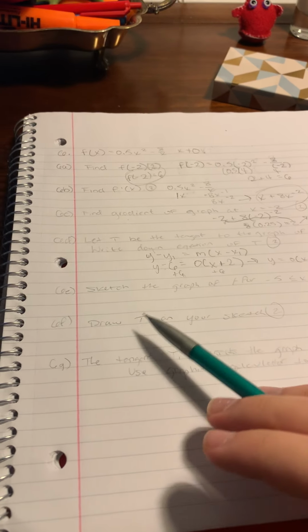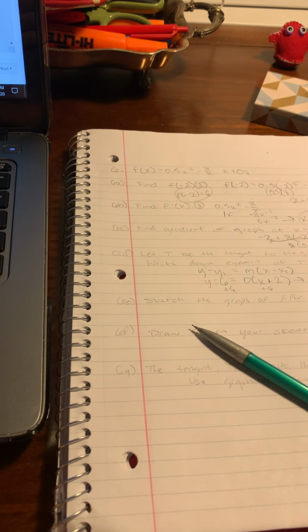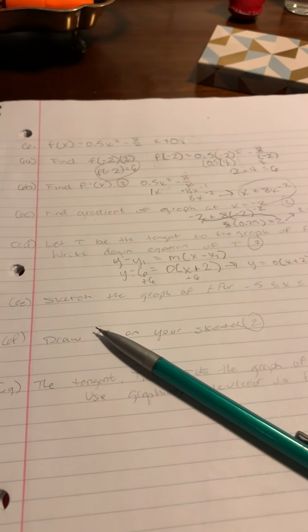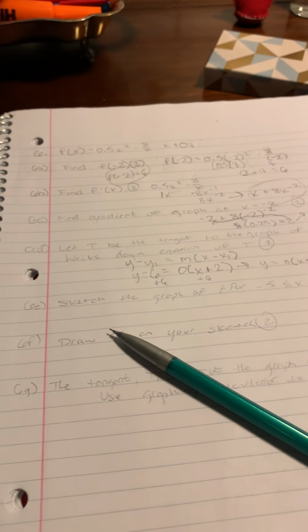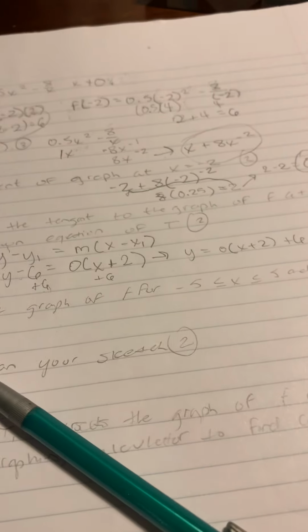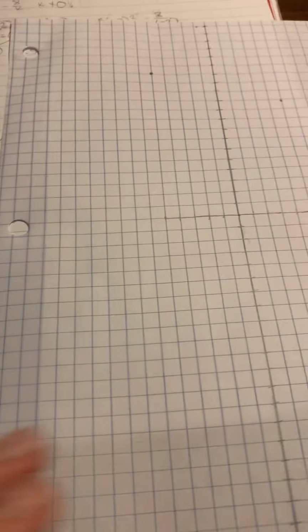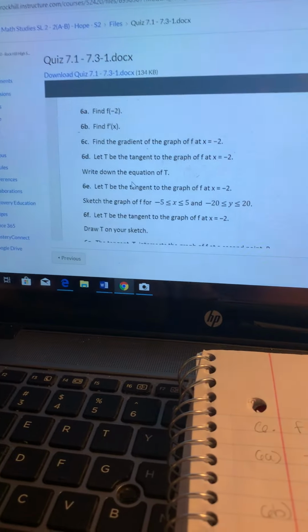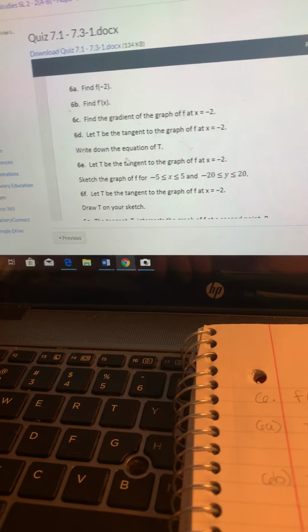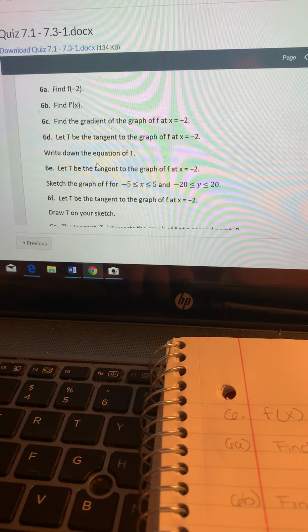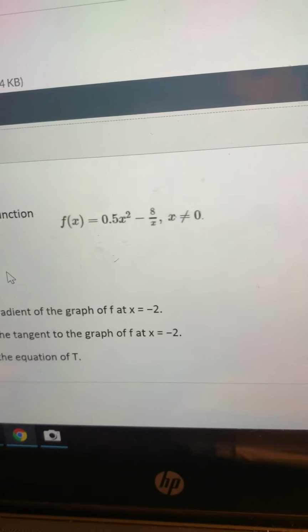So for 6e, it says sketch the graph of f for -5 is less than or equal to x, and then yeah, those are just the increments right there. And I'm using graph paper. I already have the graph written out. In this, it is referring to the original equation of 0.5x squared minus 8 over x.